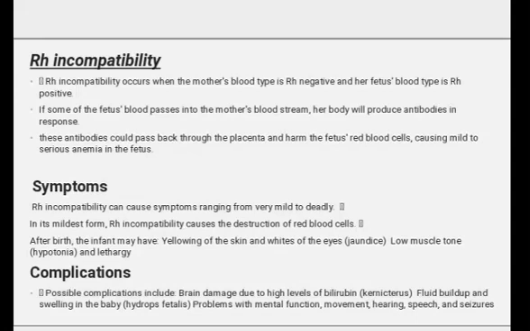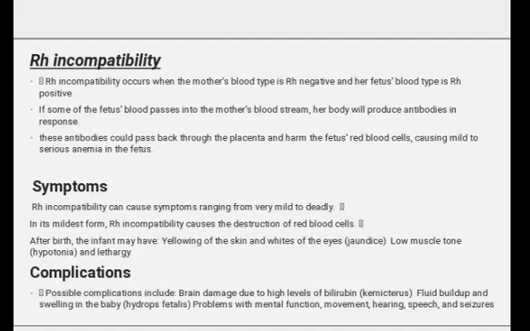These antibodies could pass back through the placenta and harm the fetus's red blood cells, causing mild to serious anemia in the fetus. This is because when the antigen antibody reaction occurs, the mother's blood attacks the fetus's blood, and then there is destruction of RBCs.